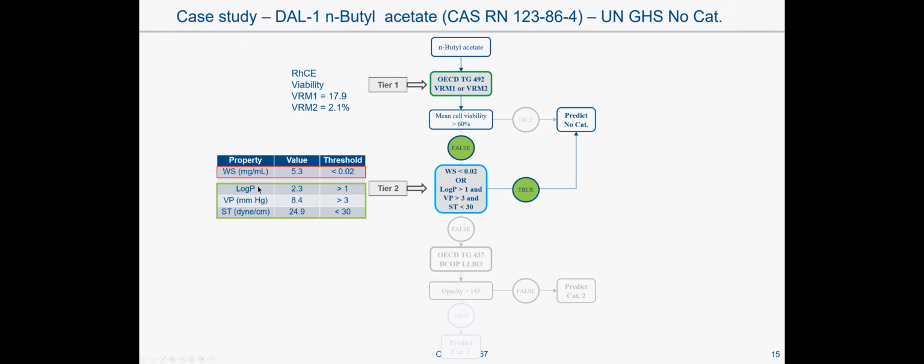And this is an example where we have a false positive based on the RhCE. But if you look at the combination of the log P, vapor pressure, and surface tension, then you can see that the exclusion criteria are met. So based on the physicochemical exclusion rules, the prediction will be no category.